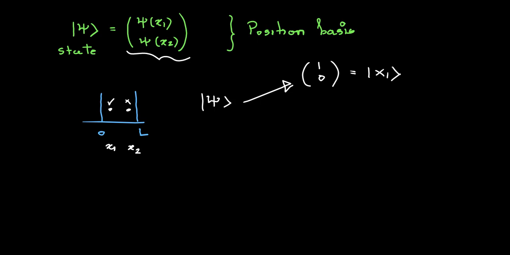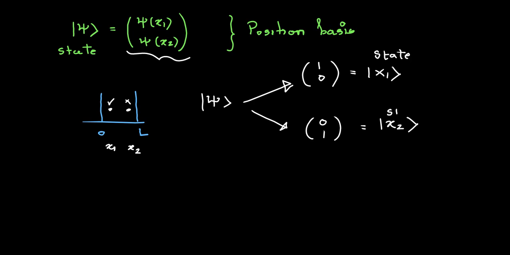So the state psi becomes x1 when the particle is exactly at x1, and the state psi becomes 0 1 when the particle is at position x2. Again, this is another representation, and this is a more abstract ket representation of the same thing.